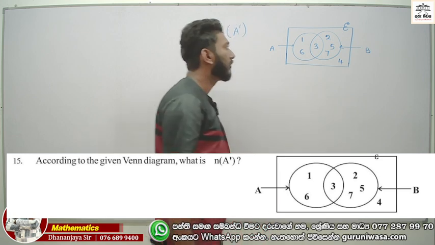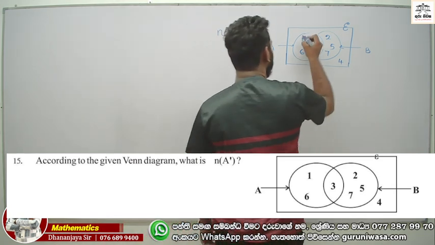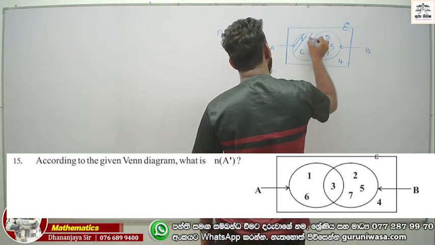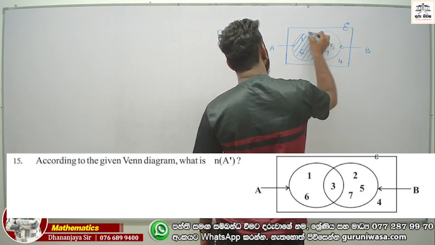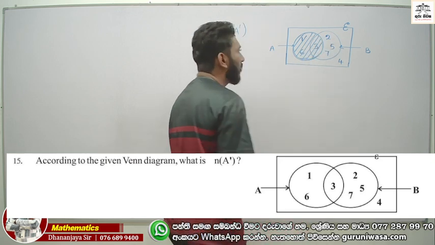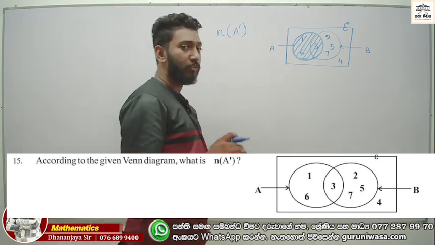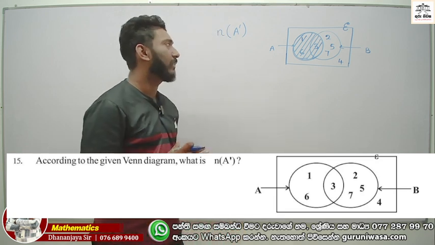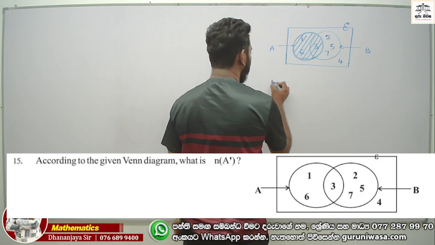Now listen, this circle is A. This set we call A. Therefore, what's the meaning of n(A')? It should be everything except A. We call that A dash.